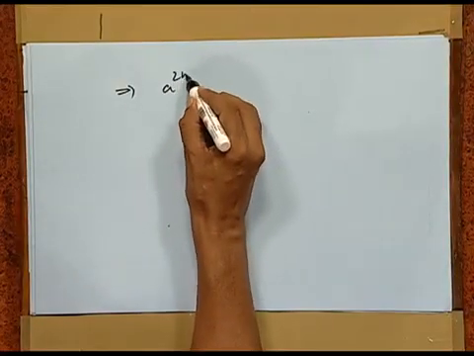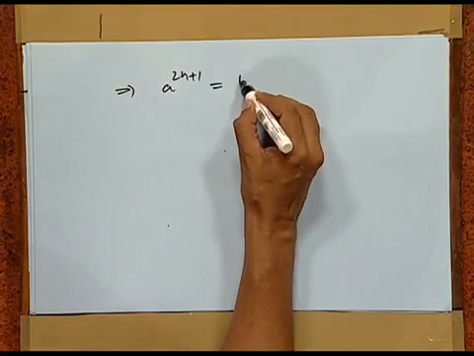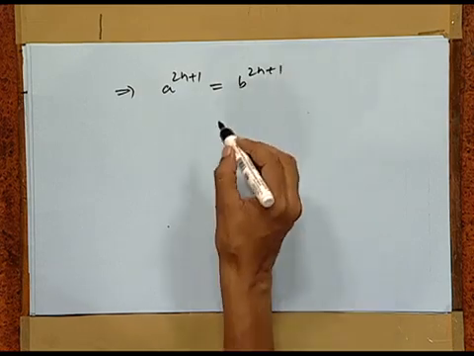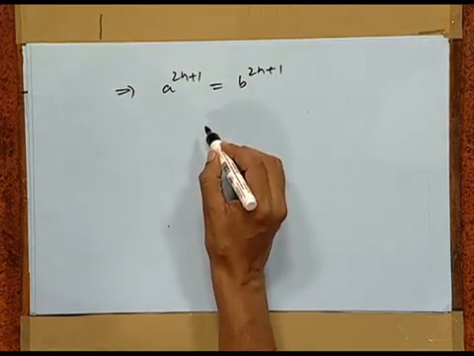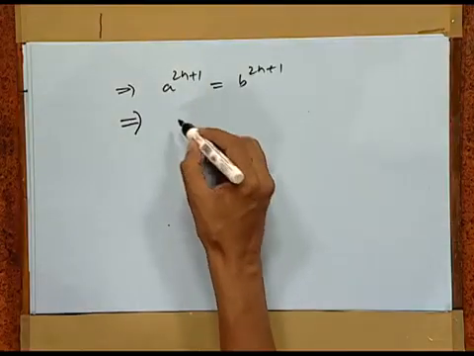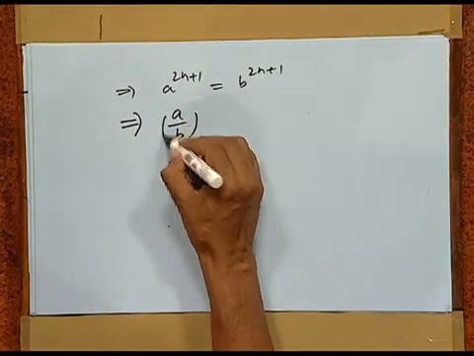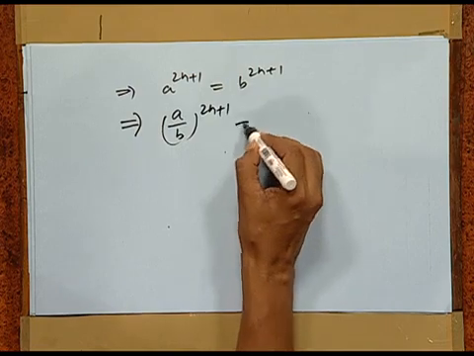So, we are left with a power 2n plus 1 equals b power 2n plus 1. Since a and b are not equal, neither of them can be 0, so we can divide by one of them. So, we get (a upon b) raised to power 2n plus 1 equal to 1.